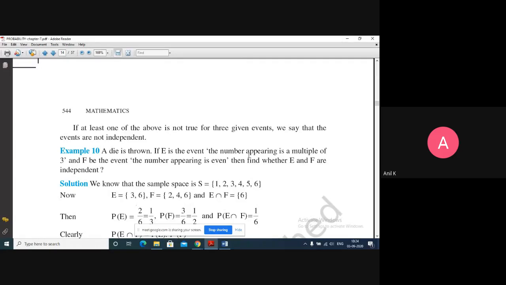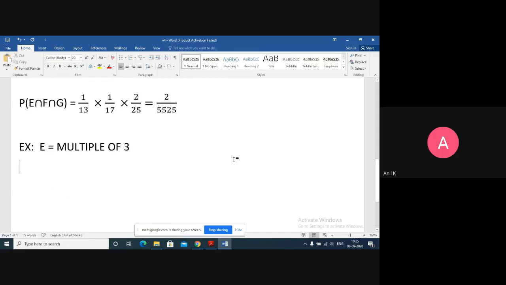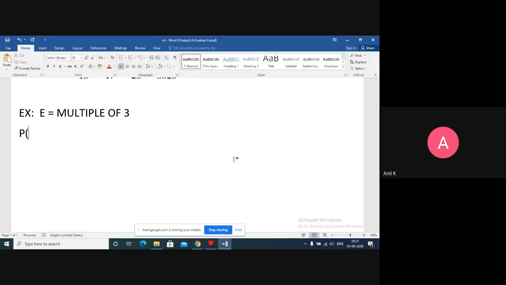Now they have given an example. A die is thrown. E is the event that the number appearing is a multiple of 3, and F is the event that the number appearing is even. So can you tell me what the probability of E is?